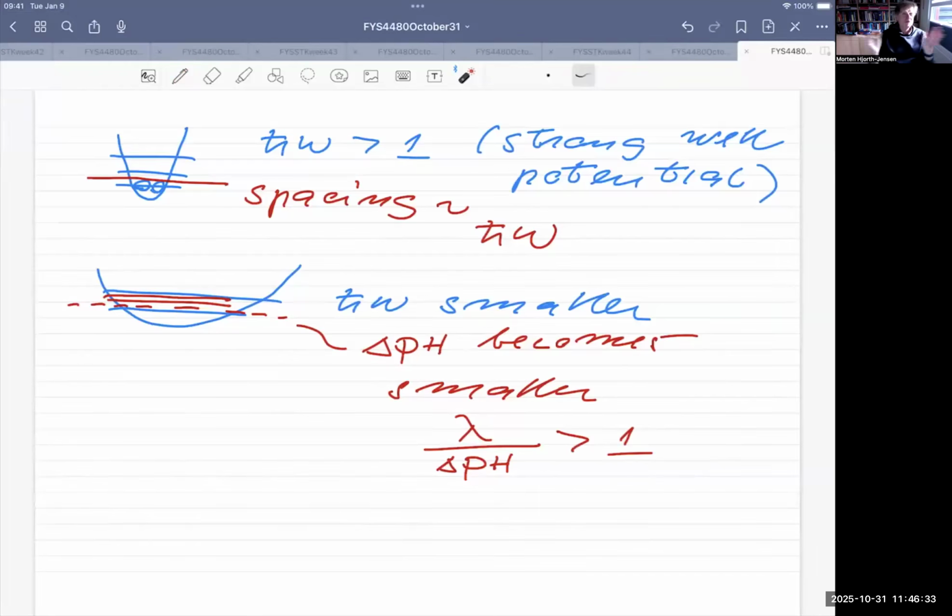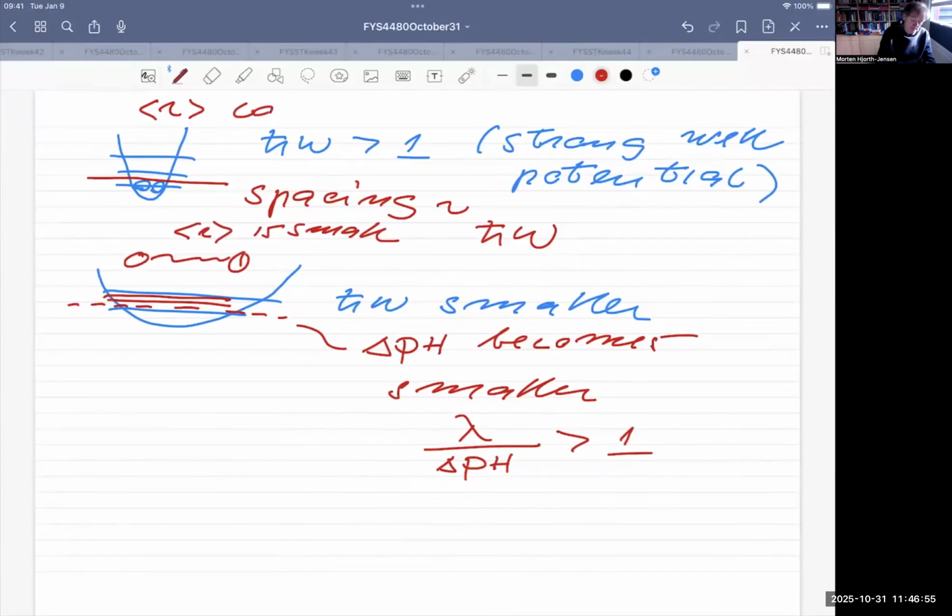So you're going to get the kind of counterintuitive picture where you have a system where the particles on average, so here an electron here and an electron here, the average distance between them is small compared with the average distance here, which is larger. So you would expect that when they're closer to each other, correlation should be important.